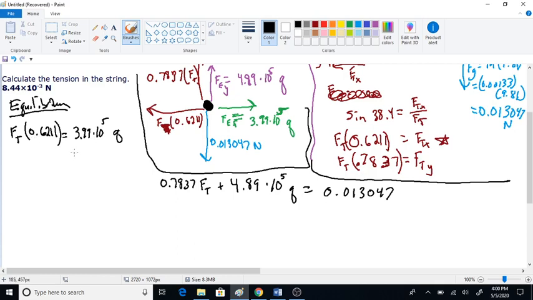I'm going to solve by manipulating this one first and simplifying it a bit.